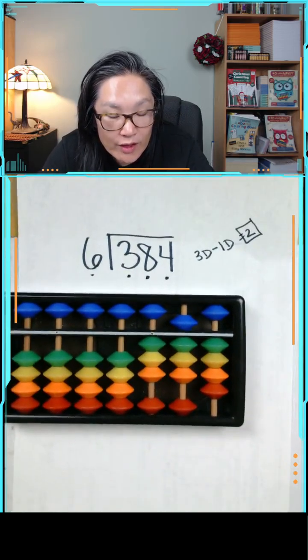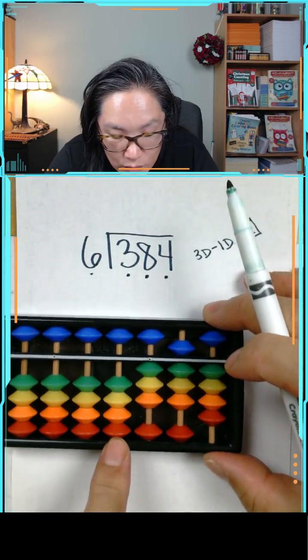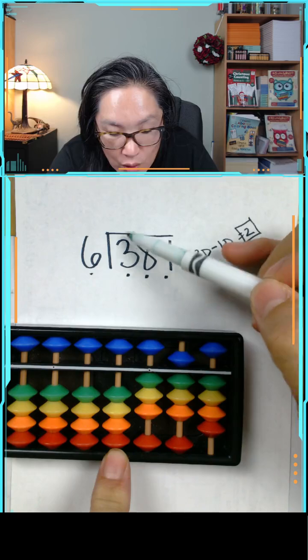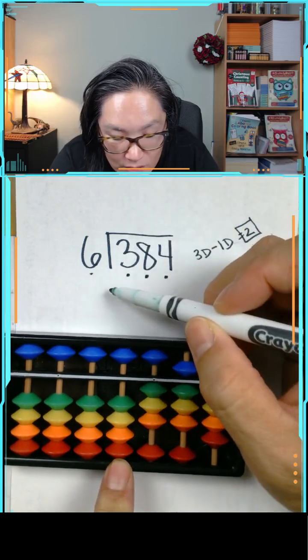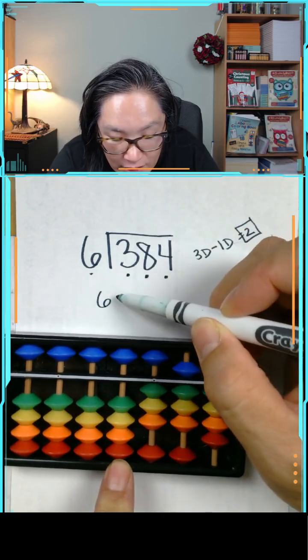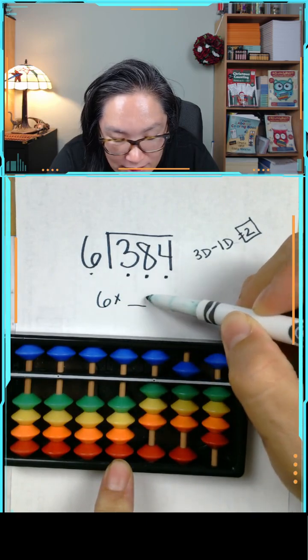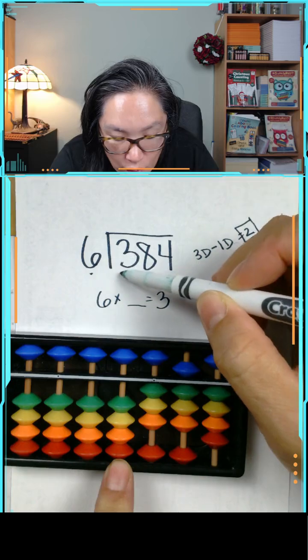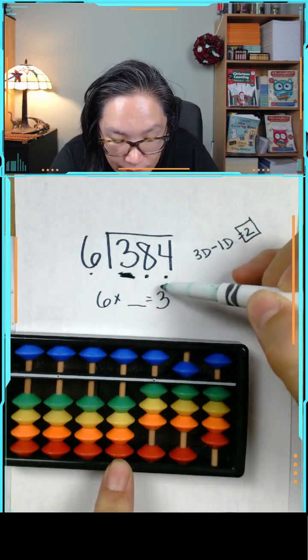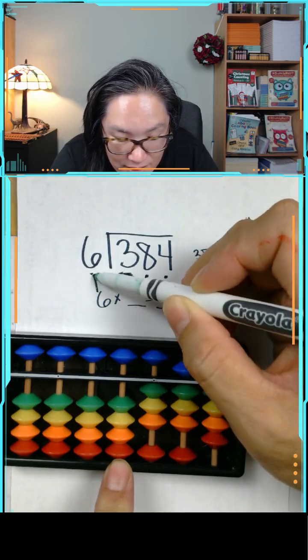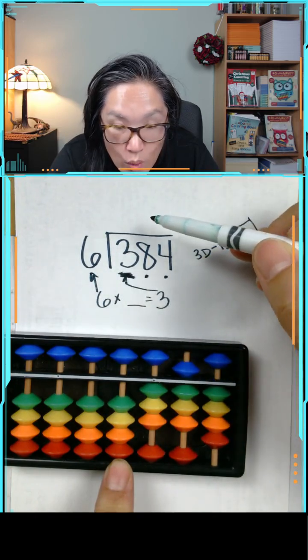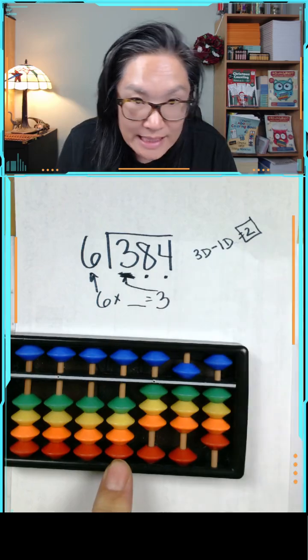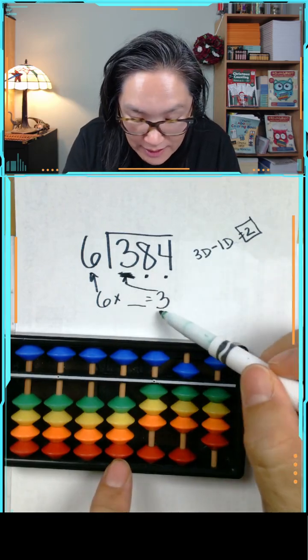All right, now what are we going to do? We're going to figure out a few things. In Abacus world, we don't say how many times does it go into whatever. In Abacus world, we do missing factors. 6 times what is equal to 3. The 3 comes from here, the 6 comes from here. Is there a multiplication fact that does this?